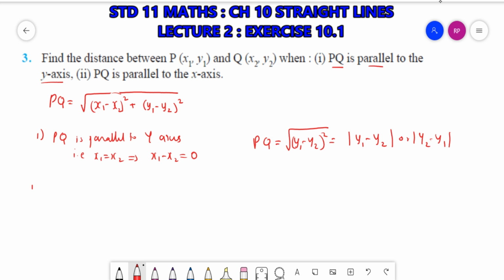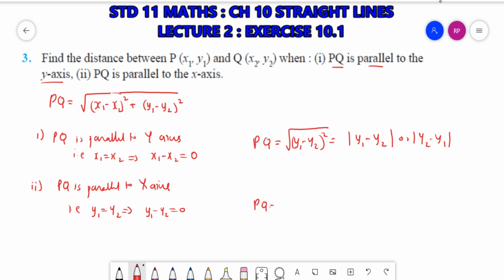The second case: here it is given that PQ is parallel to the x-axis. If PQ is parallel to the x-axis, that means the y coordinates will be the same. So y1 equal to y2, that implies y1 minus y2 equal to 0.